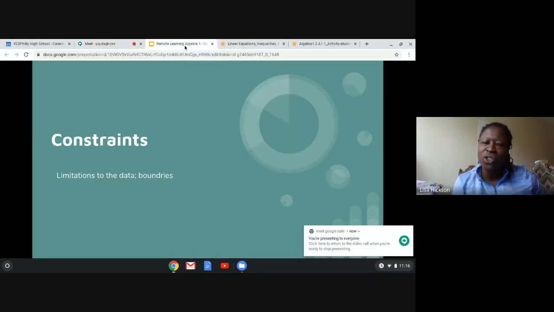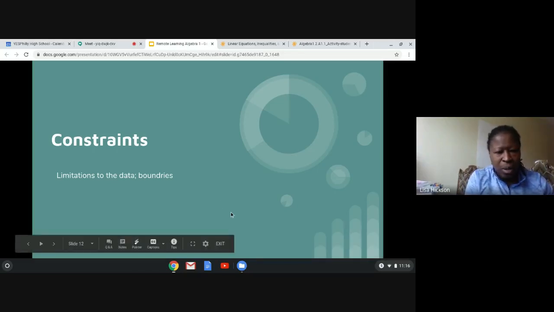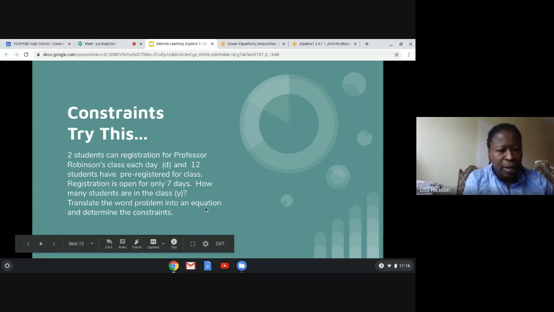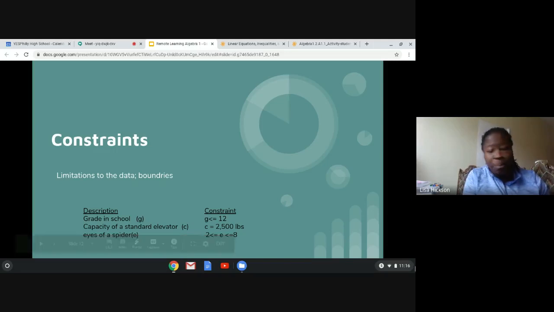All right, so yes, constraints are limitations to the data or boundaries. So here are some examples. If the description is grade in school, and we call that thing G, because remember, when you use variables, you have to describe what information is being discussed.